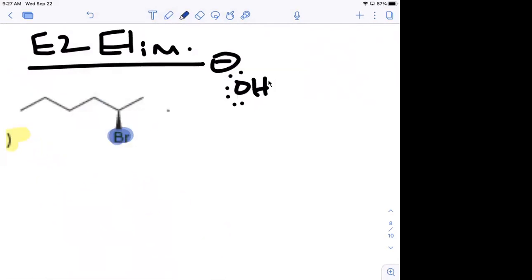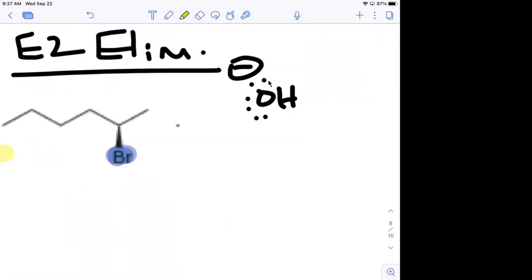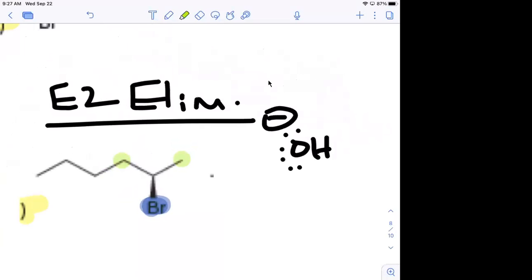Now what do I need to locate? So I have my base. I know what my leaving group is. Where is the elimination going to take place? The alpha protons. Good, thank you, that's excellent. And the alpha protons are on the carbons next door to the leaving group. So I'm gonna put protons in here.